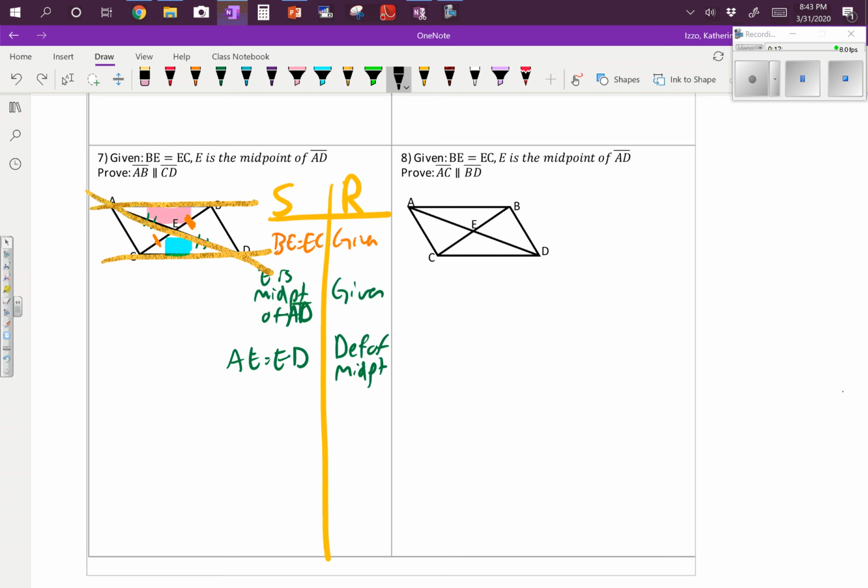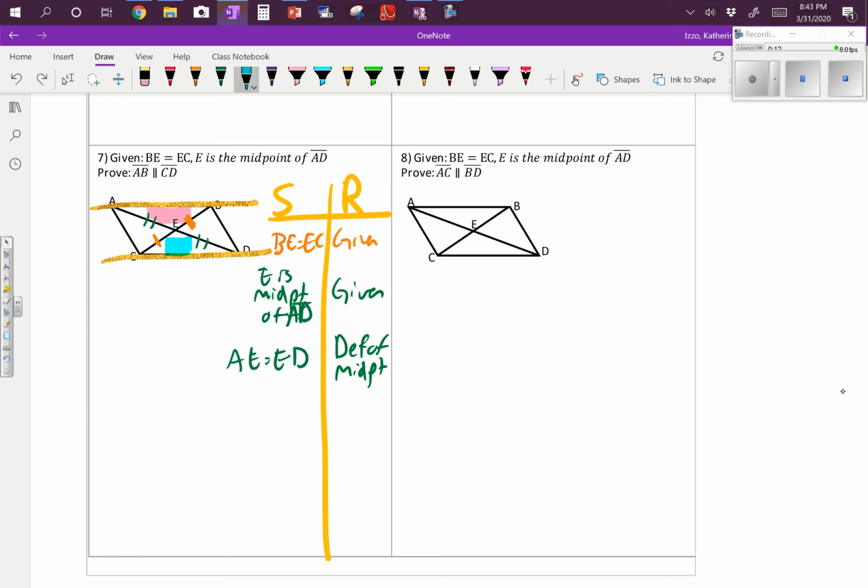I could do the transversal over here through CD and have angle C matching angle D, and that would snap the two lines into parallel lines. Either way, I'm going to be in the pink and the blue triangles. So regardless of which transversal I use, I need to prove those pink and blue triangles are congruent.